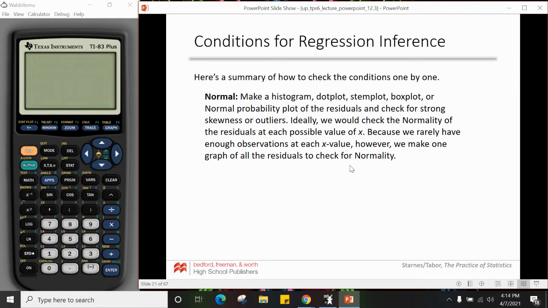Normal: make a histogram, dot plot, stem plot, box plot, or normal probability plot of the residuals and check for strong skewness or outliers. Ideally, we would check for the normality of the residuals at each possible value of x, but we rarely have enough observations at each x value. So we make one graph of all the residuals and check the normality.